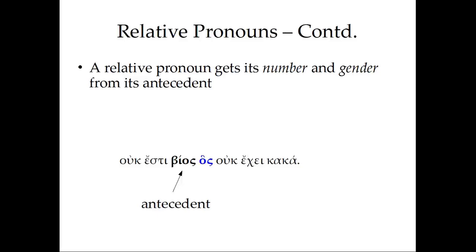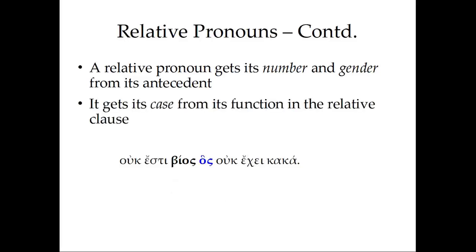And we're going to get the number and the gender of our relative pronoun here from the antecedent. And the antecedent is singular masculine. So we're going to tuck that away in the back of our mind because we still need to get the case. And the case we get from the function of the relative pronoun in the relative clause.